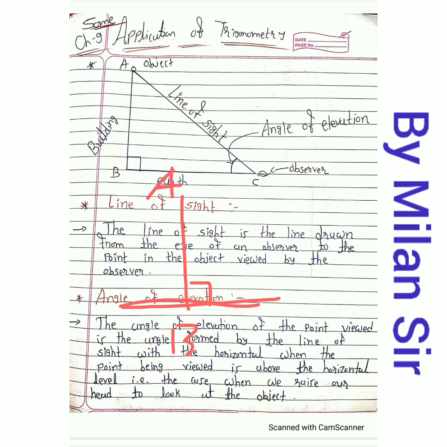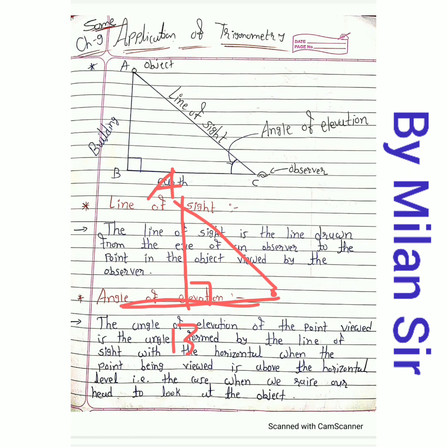For a tree, red house, all these things we assume that the object is perpendicular with the earth. If it is perpendicular with the earth, then at any other point it forms a right angle triangle. So if one right angle triangle is formed, then we can use the trigonometry concept.